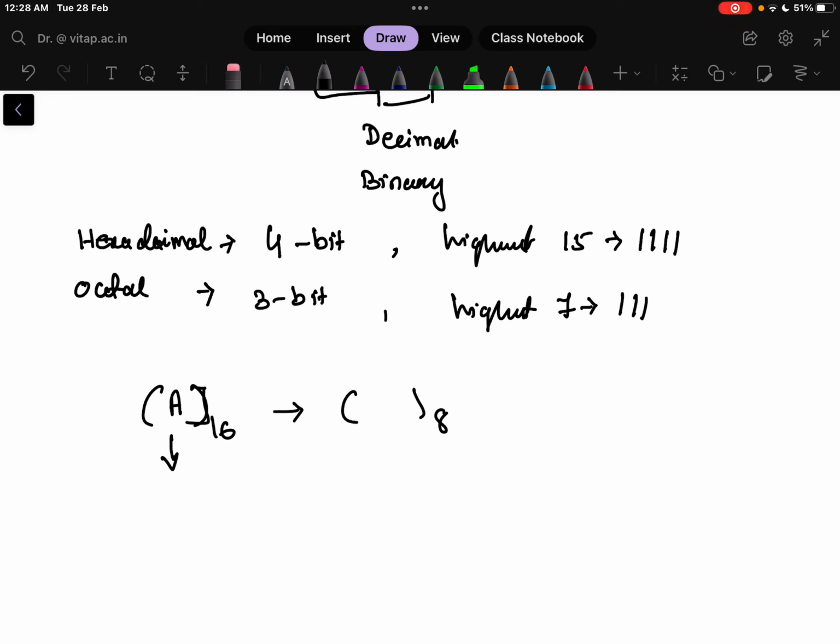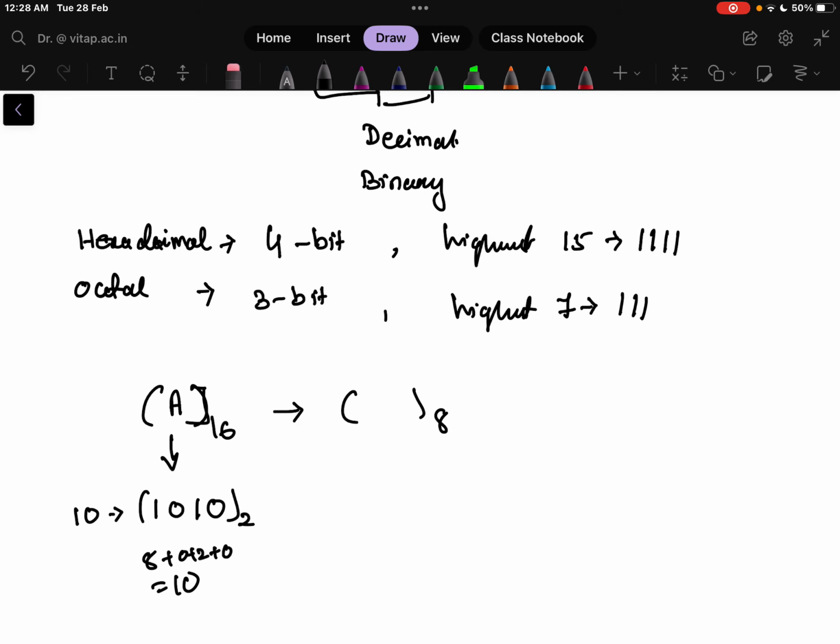A means 10, right? 10 is represented as A in hexadecimal, and the binary equivalent for 10 is 1010. This is 8 plus 0 plus 2 plus 0, so that is 10. So 1010 in binary is the equivalent of A.